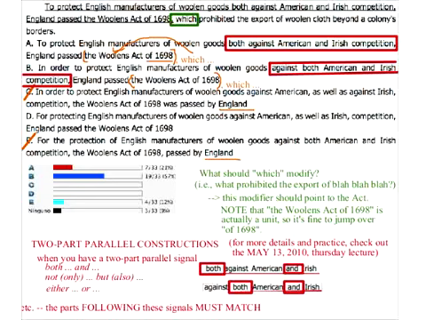Okay. All right. So if you look at both against American and Irish, this doesn't work because against American is after both, and Irish is after and. So this is incorrect.